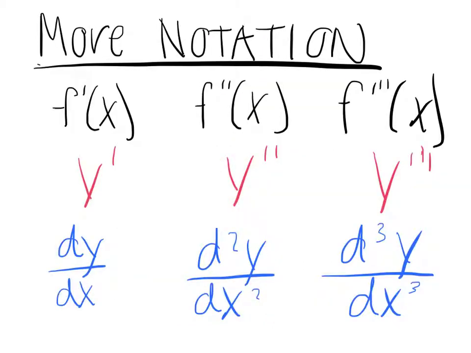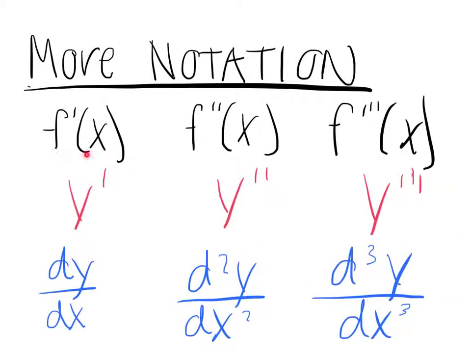A few more things about notation for derivatives. We have already seen that f prime of x, f prime prime of x, and f prime prime prime of x can be written like this, but they can also be read as y prime, y prime prime, and y prime prime prime. Furthermore, you may also see derivatives written as dy over dx.